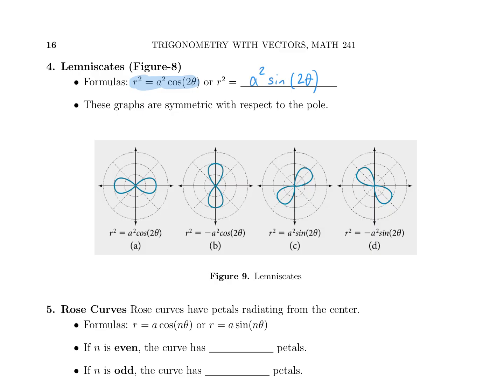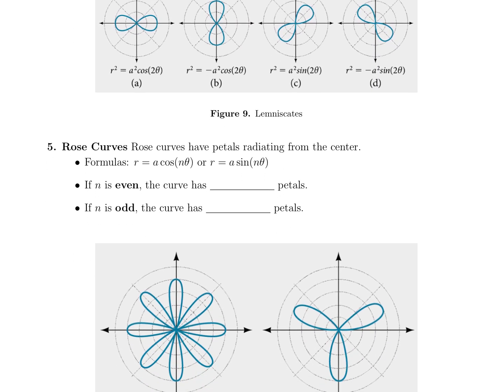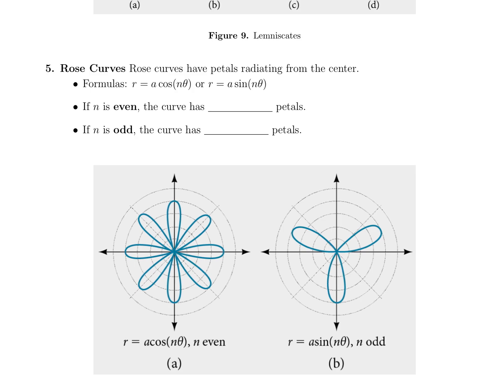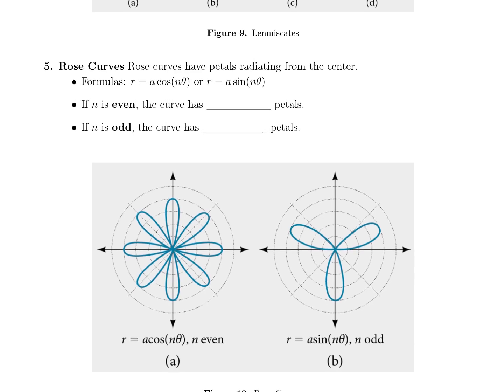All right, let's continue down to see what other graphs are shown. These are really nice. These are rose curves. Rose curves have these types of formulas: r equals a cosine n theta, where n can be any integer, or r equals a sine n theta. If n is an even number like 2, 4, 6, then the curve is going to have 2 times n petals. So double the amount of petals, whatever n is.